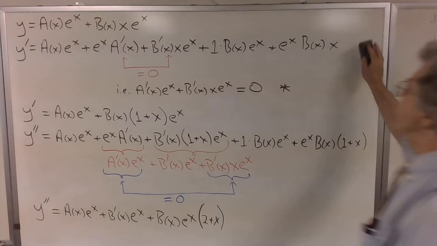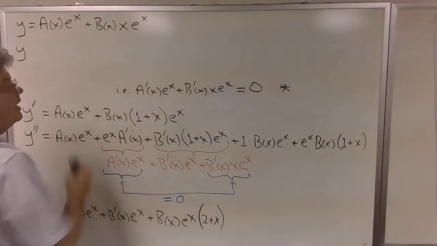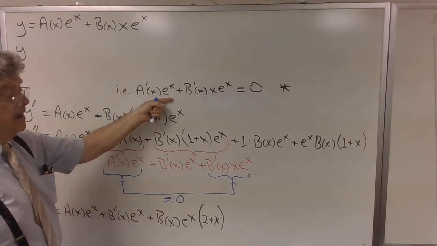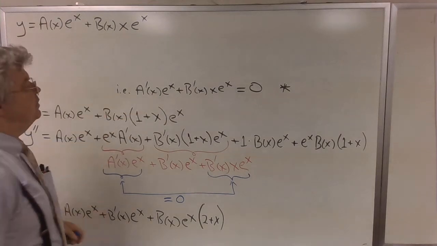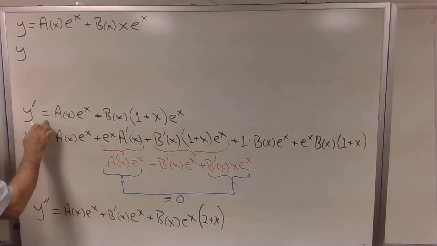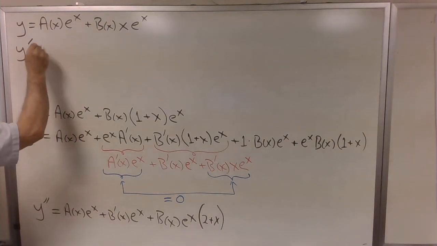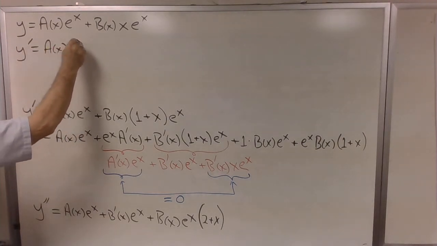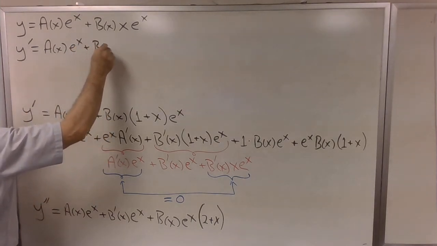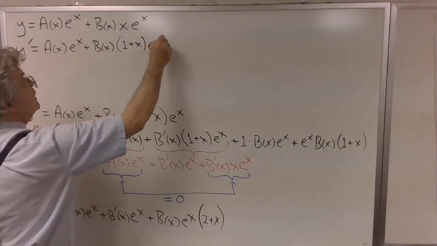I've got y prime and y double prime written out. And we're going to remember what our special restriction is. We may use it again. We've used it twice already. Here we have y prime is equal to a x e to the x plus b x, 1 plus x, e to the x.